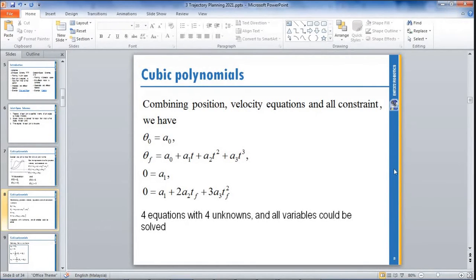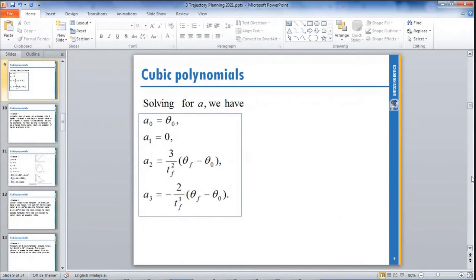Okay, so this is the longer calculation. You can define the cubic polynomial using this formula, which is the faster way to solve your cubic polynomial. So position 0 equals a0, and velocity a1 equals 0.